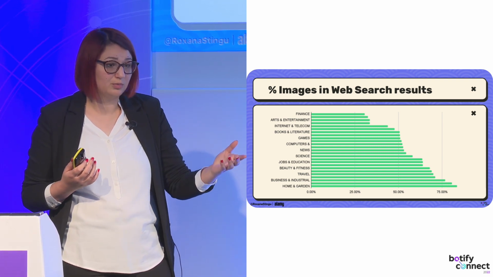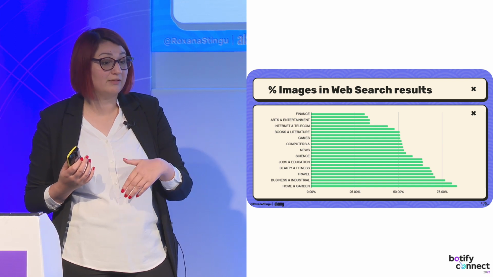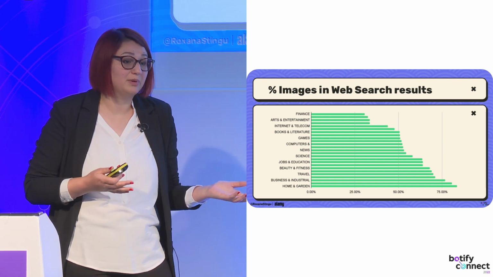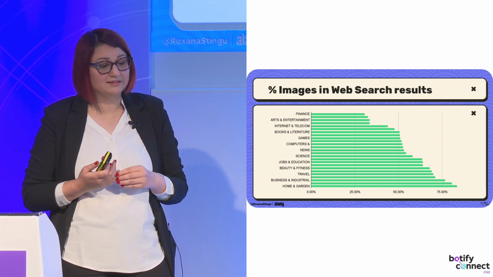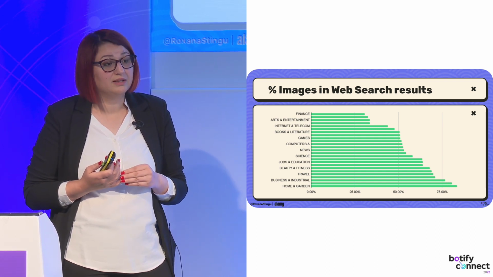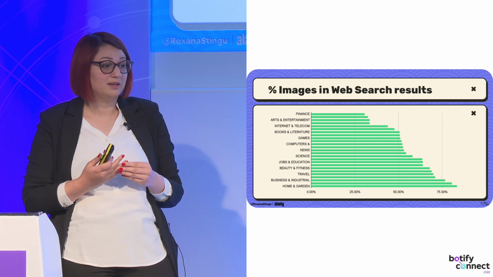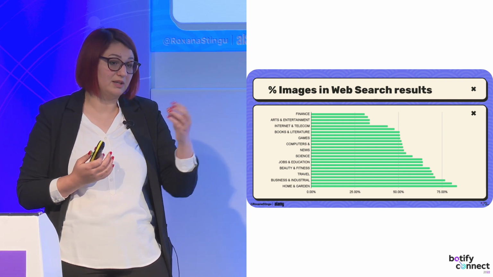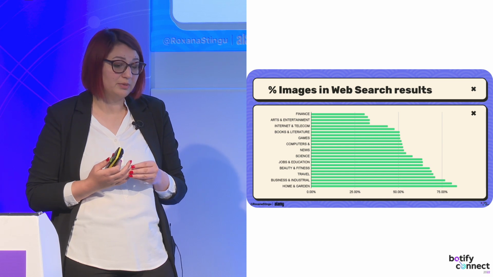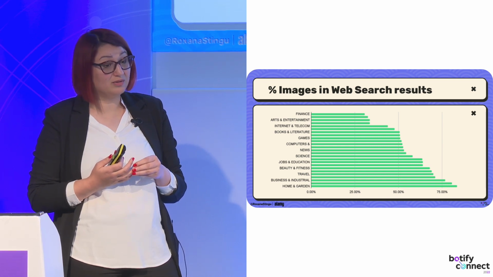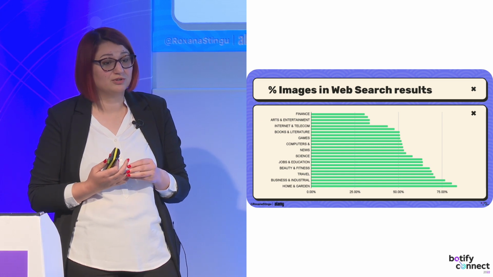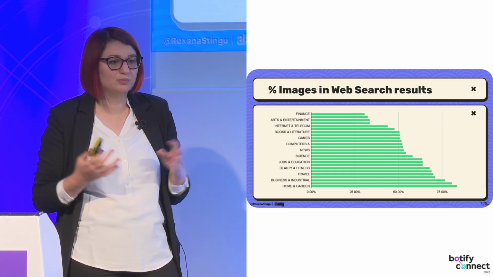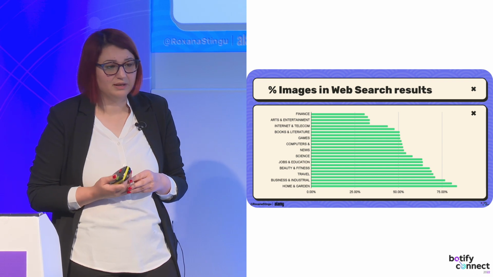They don't optimize as well for images. So it's not that they don't have them, it's just that Google is maybe not picking them up. While websites like travel, business, and beauty tend to have more technical teams behind them, so their images get indexed better and can actually show up in ranking. But home and garden, that was the biggest surprise. Around 85% of home and garden search results show images. So, I don't know, my theory might not be good.